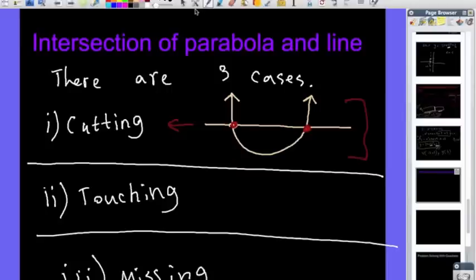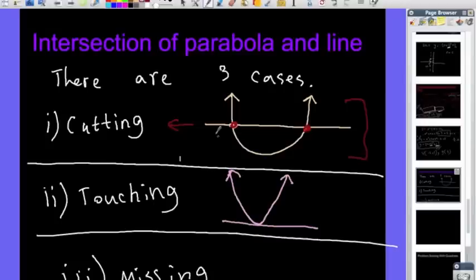But if the graph is just cutting the x-axis with 1 point, then this case is called touching. Basically the parabola is just touching the x-axis.